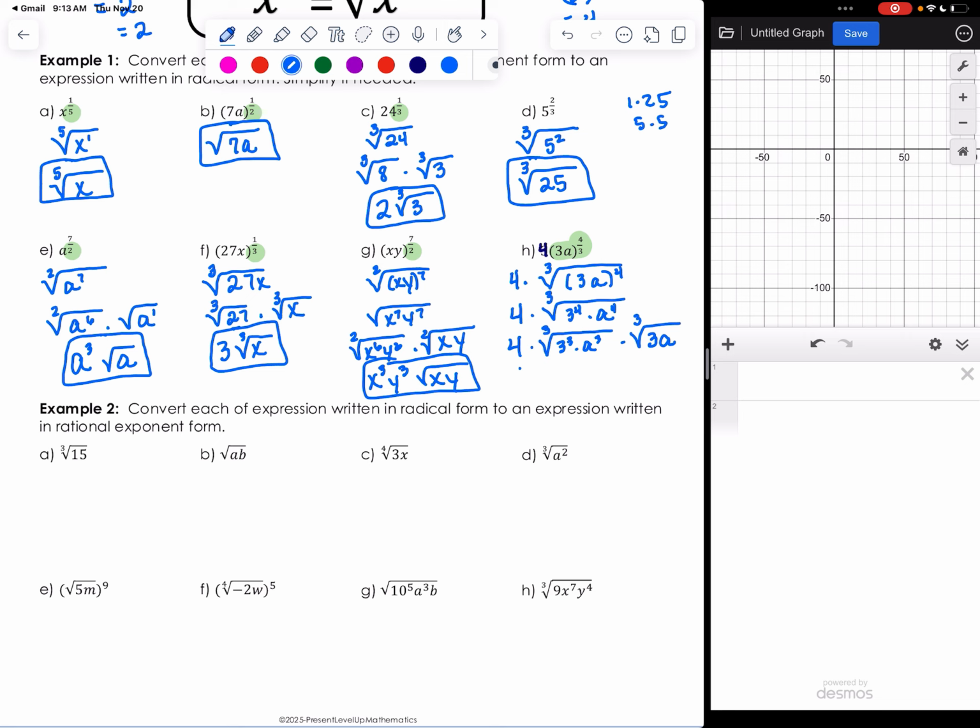Now, the cube root of 3 to the 3 is just 3. The cube root of a cubed is just a. And then here we have the cube root of 3a. Now, I still need to simplify a little bit more. 4 times 3 gives me 12. 12 times a gives me 12a. So this would be 12a times the cube root of 3a.